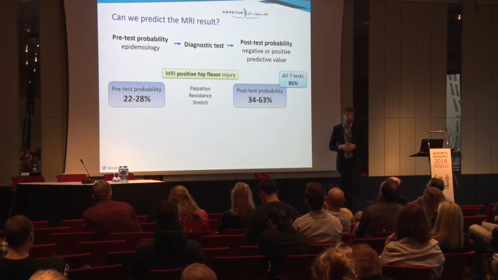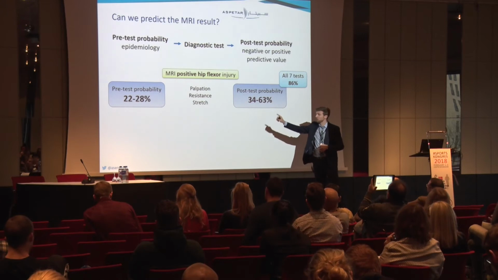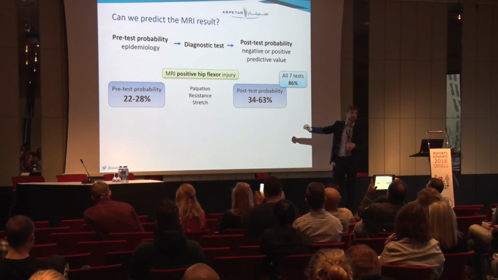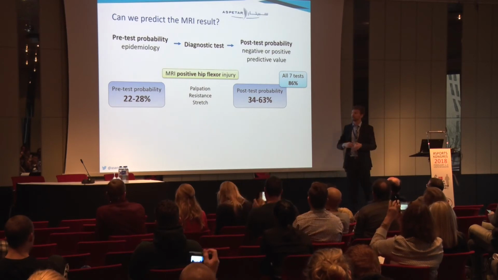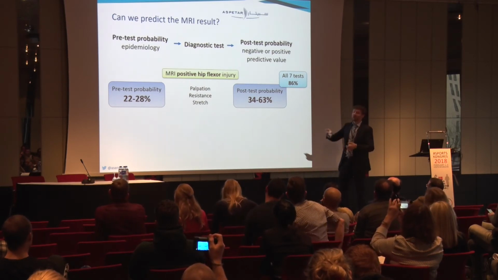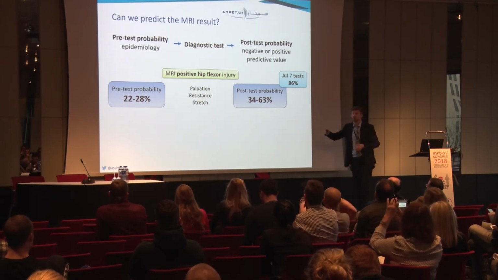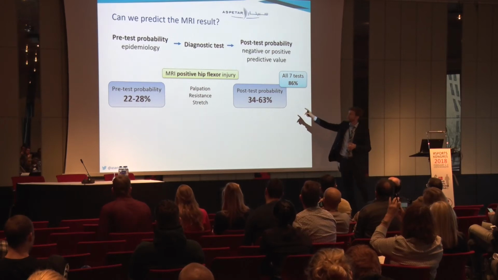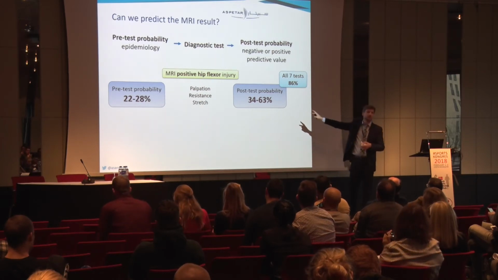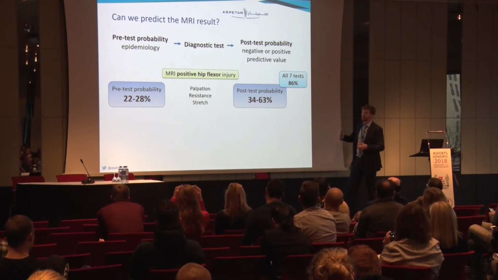Then we looked at the hip flexors. They were a lot less frequent. We did all our different pain provocation tests: palpation, resistance, and stretch tests. We were able to get a higher positive predictive value, a higher probability of a positive MRI, but the post-test probability only got up to around 60% at best, with palpation.